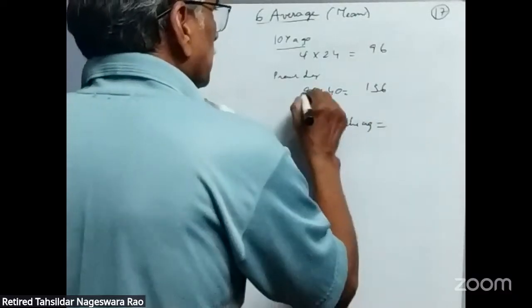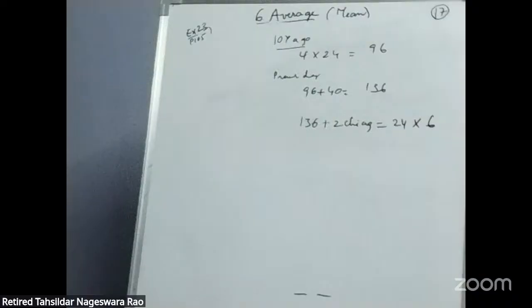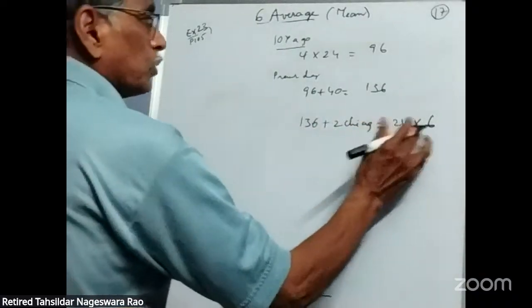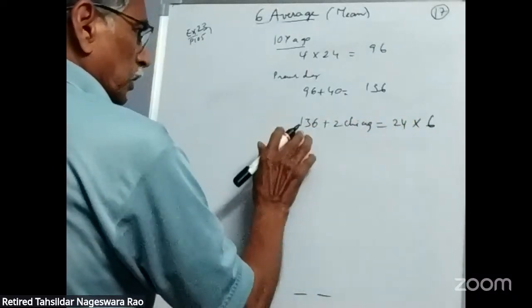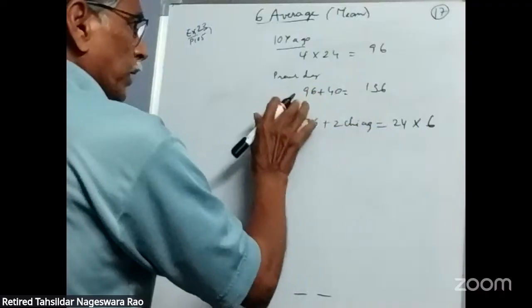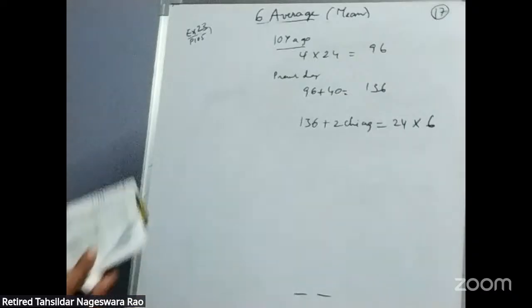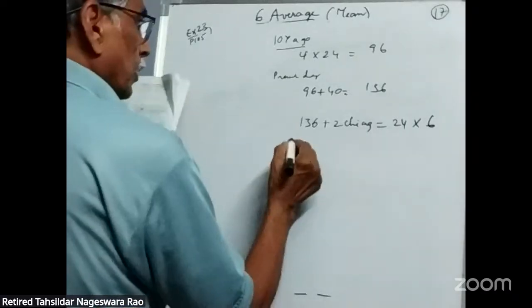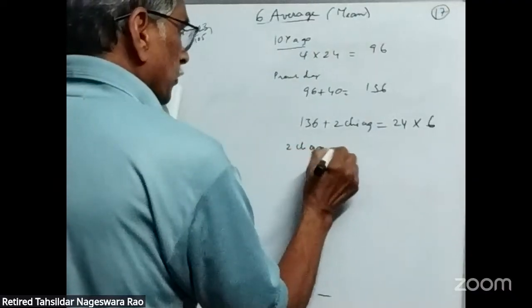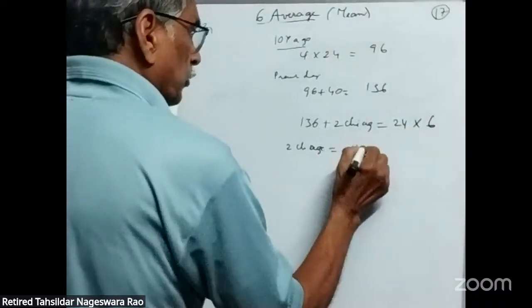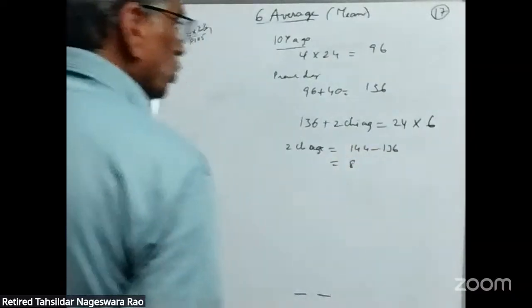The average is again 24, with 6 persons, so 24 into 6 is 144. Two children's total age will be 144 minus 136, which is 8 years.